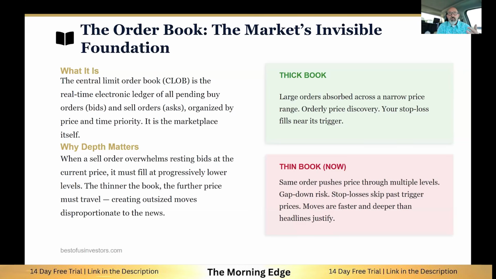We were below the 200 and below the 50 on the S&P, in a negative bull-bear environment, so a bearish environment, and then this news came out. Because the book is very thin, there's not a lot of inventory, you saw this gap up in futures.